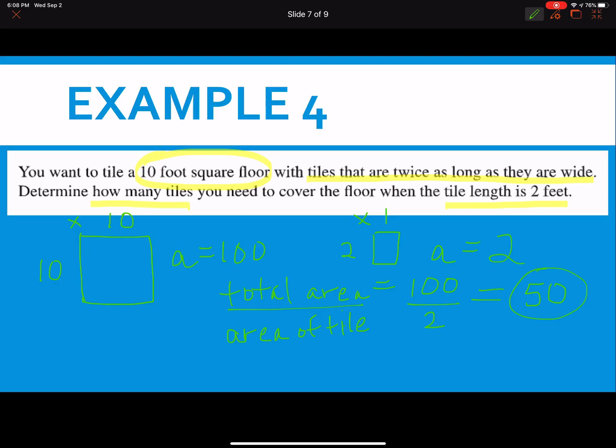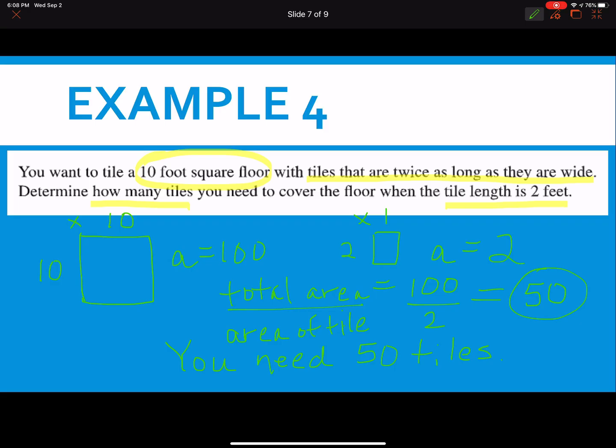Yes, 50. So my final answer for this word problem would be you need 50 tiles.